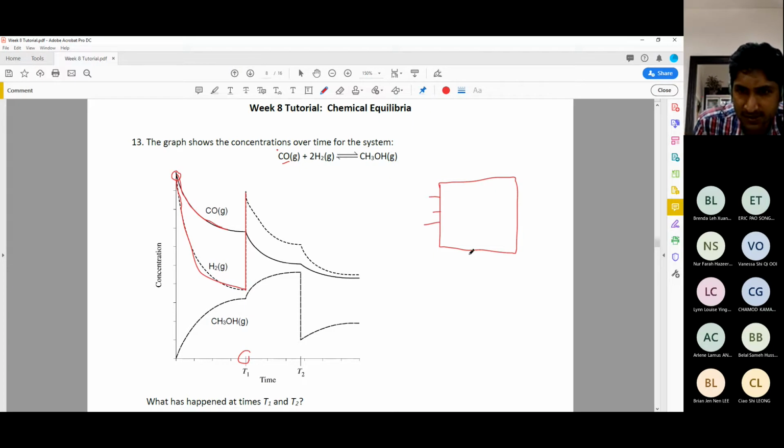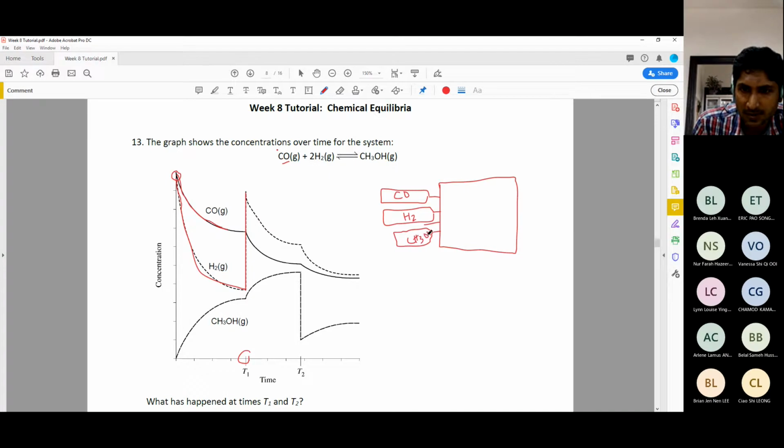This is a cylinder, and this is another cylinder, and another cylinder. So this is carbon monoxide, this is hydrogen, and this is methanol.